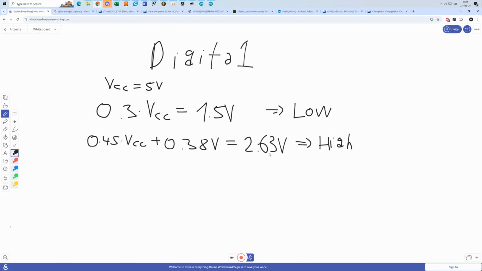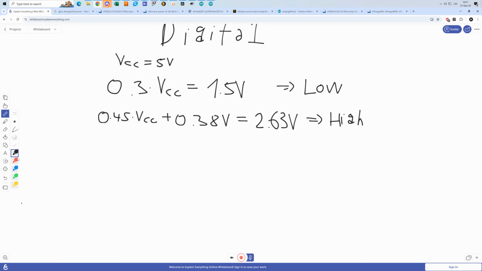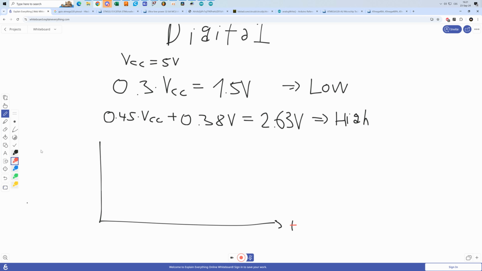What about if the voltage is in between? Well, then it depends on the previous state of the microprocessor, so basically of the pin, of course. So if this is the time axis, and this is the voltage, and we have some voltage that is changing, let's say, in such a way, then we have these two thresholds.